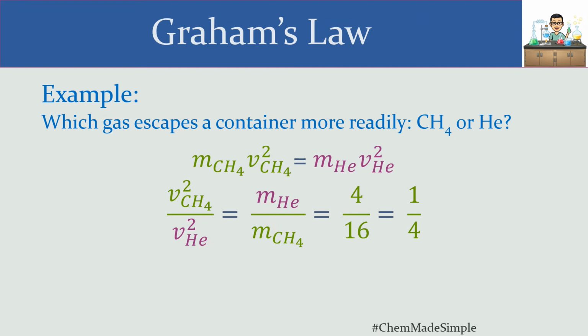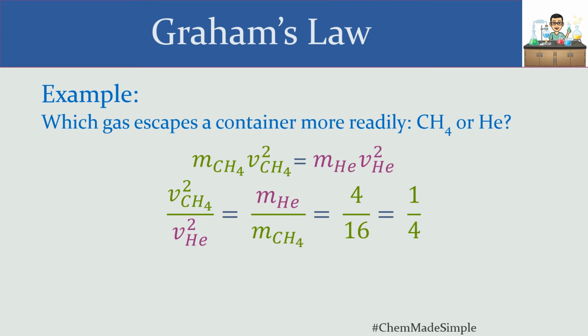Now notice something very important: whatever term in velocity is up top, in this case methane over helium, the masses on the other side are reversed. Here I have the velocity of methane up top, and here I have the mass of helium up top instead.